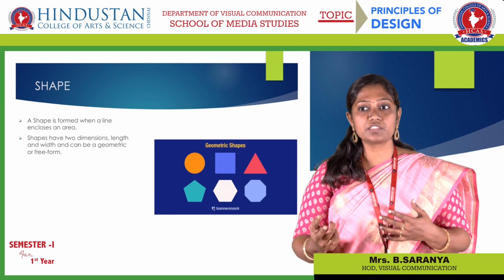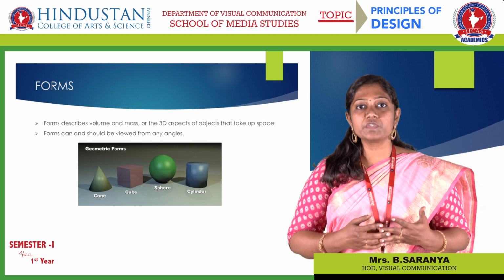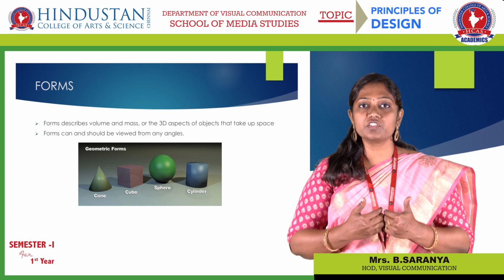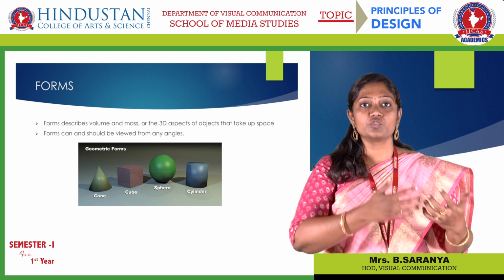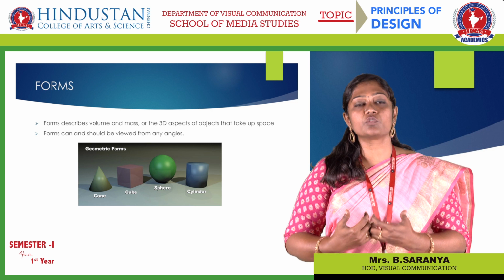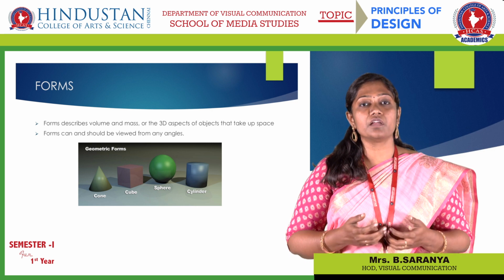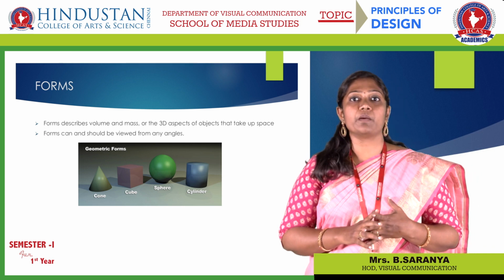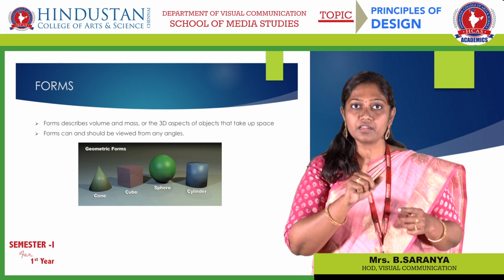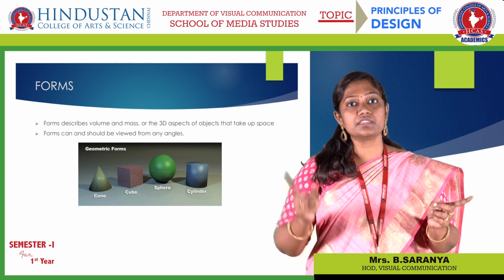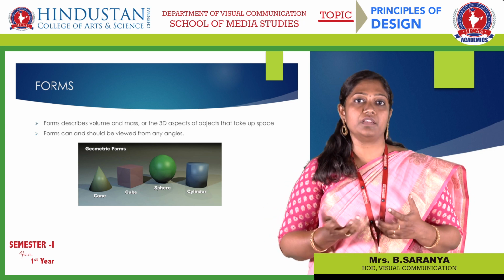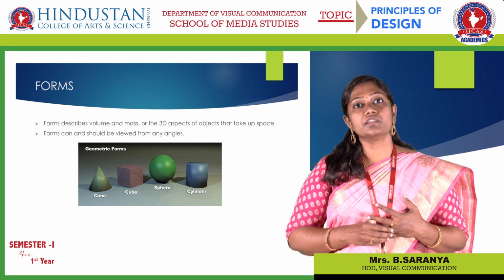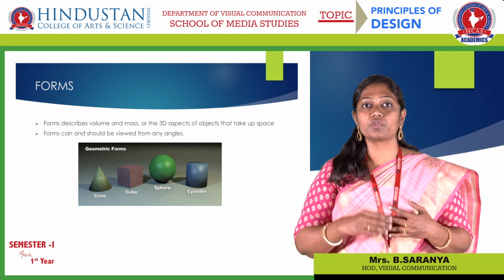Okay. So, the next one is form. Form means again the 3 dimension thing of the shape. So, the 3 dimension thing of the shape is called form. How will you identify it? Say for example, when you take a circle in 2D, it is considered as a sphere in 3D. When you are using Maya, 3ds Max and this animation software, you can find it out.